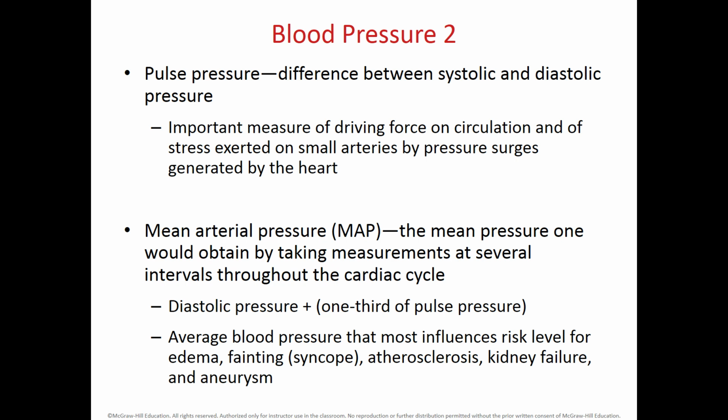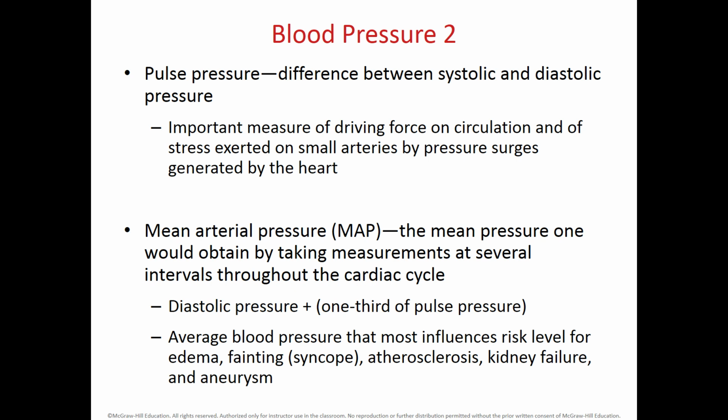So if you add to the diastolic pressure, which was 90, 1/3 of the pulse pressure, which was 30, because that's the difference between 120 over 90, you add 10, then you will have a mean arterial pressure of 100, okay, millimeters of mercury.